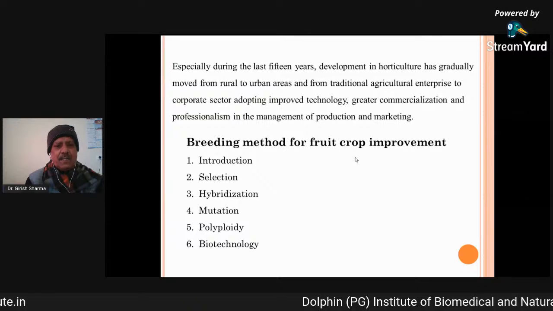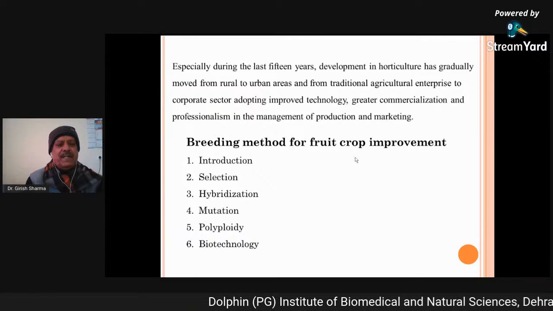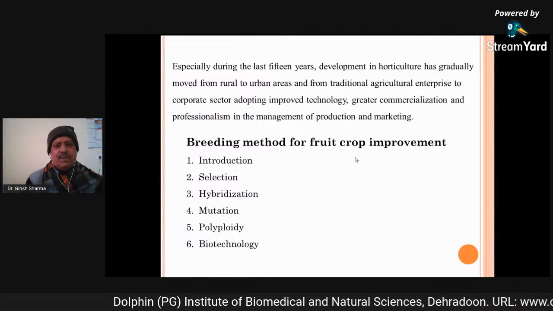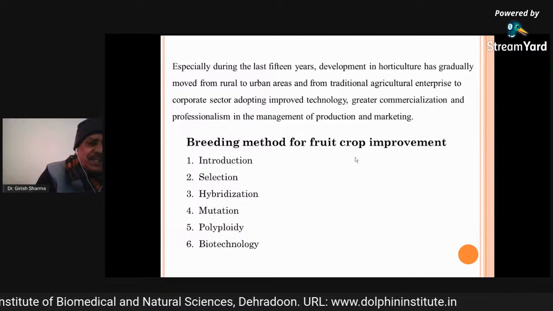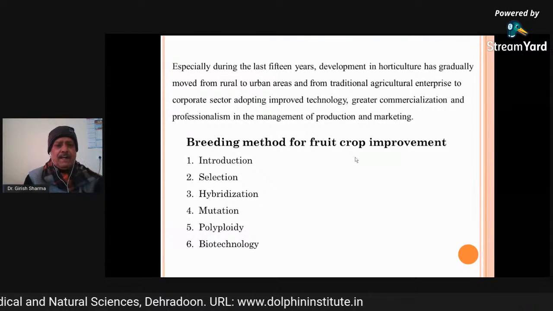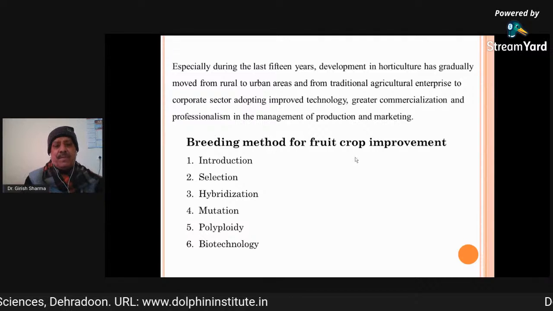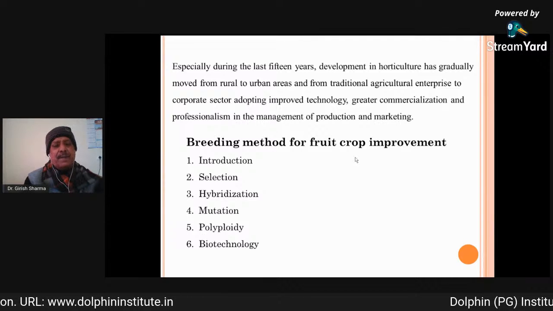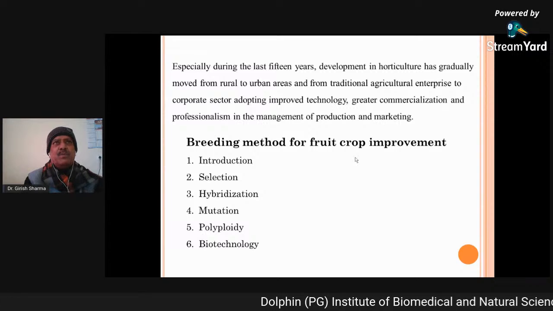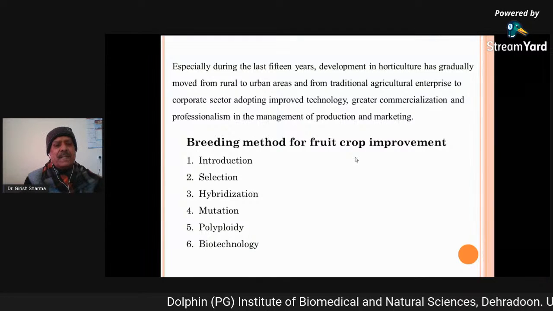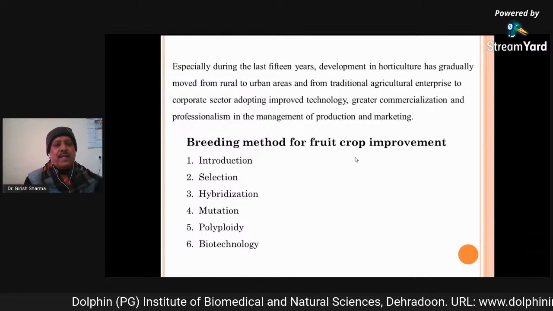Now, the major aspect of the day's talk is breeding methods for fruit crop improvement. First is introduction. This method comprises the introduction of plant material from a place or a fruit type which is not present locally.